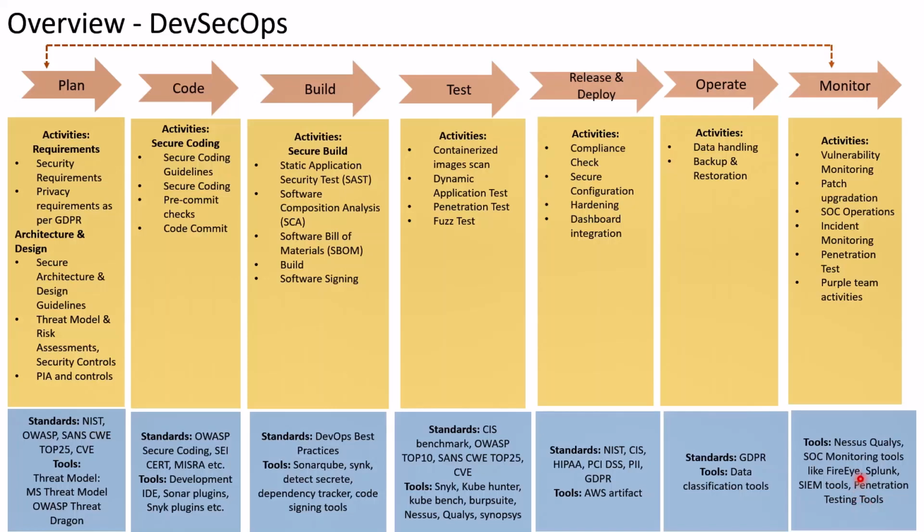These tools we can use and execute the activities. So these possible activities we can automate and incorporate as part of our CICD pipeline. This is what the DevSecOps approaches and best practices are. The framework will provide the details.